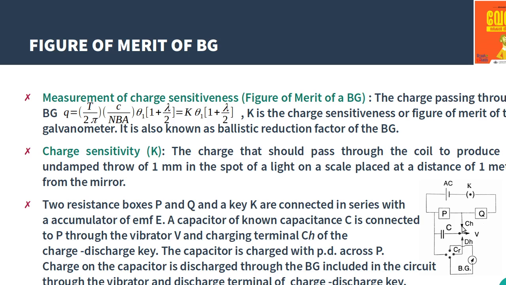Immediately we will disconnect this terminal, and the vibrator is connected to the discharge terminal of the charge discharge key. Then immediately this capacitor will discharge through this way to this BG. So then a deflection, a throw, is noted in the BG.